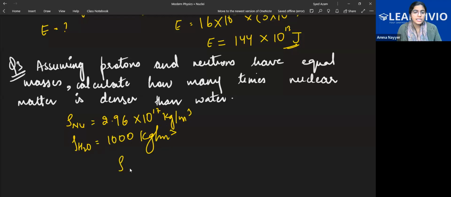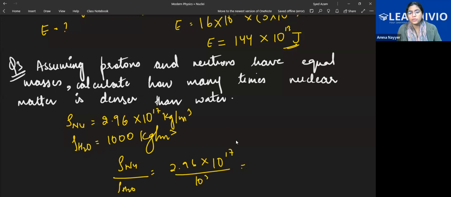So when you take the ratio of the nucleus by the density of water, this will be 2.96 into 10 to the power 17 by 10 to the power 3. So this will be 2.96 into 10 to the power 14. This much. So density of nucleus is this much times the density of water. Write down this question also.